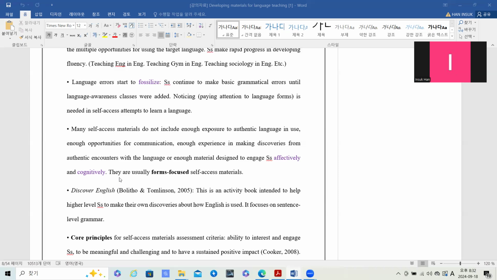Such a method is based on behaviorism. Behaviorism means that students can learn by repeating some expressions or activities. So based on the mechanical processes of repetition, students can improve their speaking or listening skills in English.